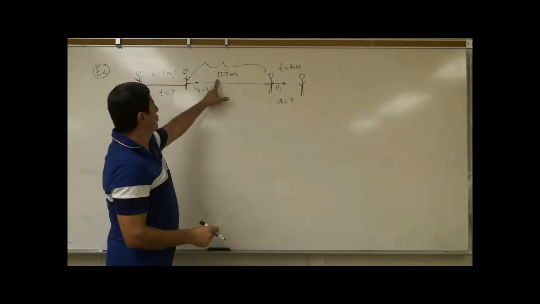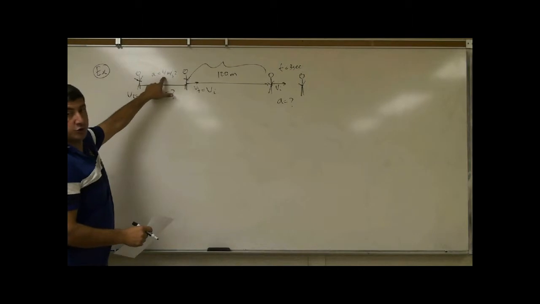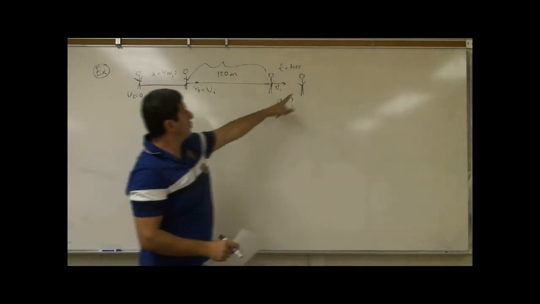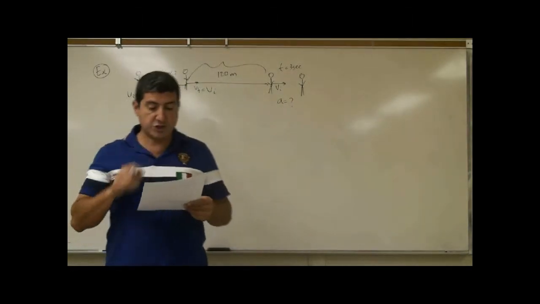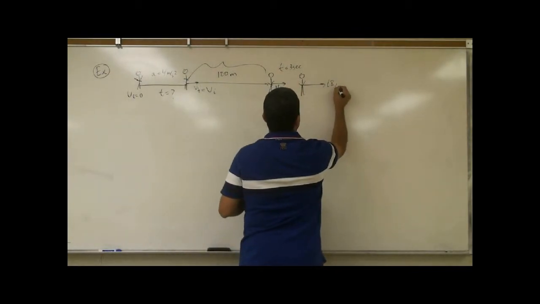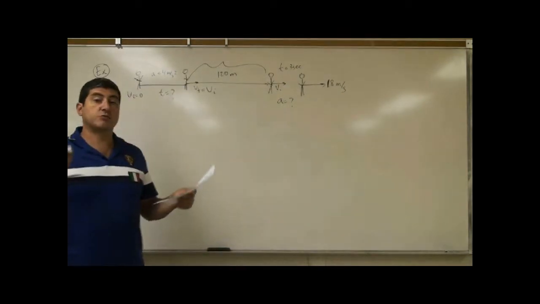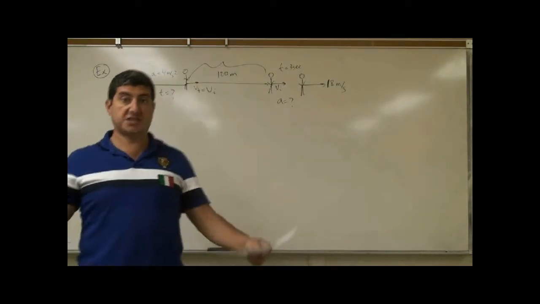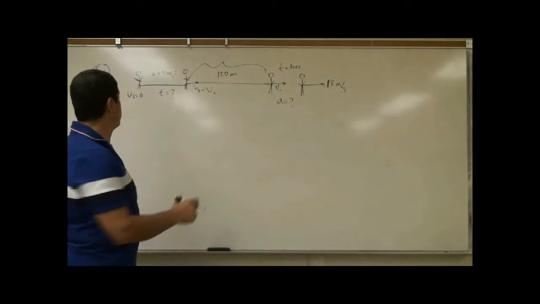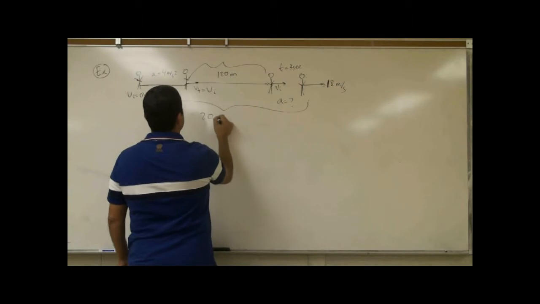So over here, we don't know the time, but we know the distance. Over here, we don't know the time, we know the acceleration. And then what else do we know? She finishes the race with a speed of 18 meters per second. So we have the final speed. And then we also know the total distance for the race is 200. The whole thing must be equal to 200 meters.